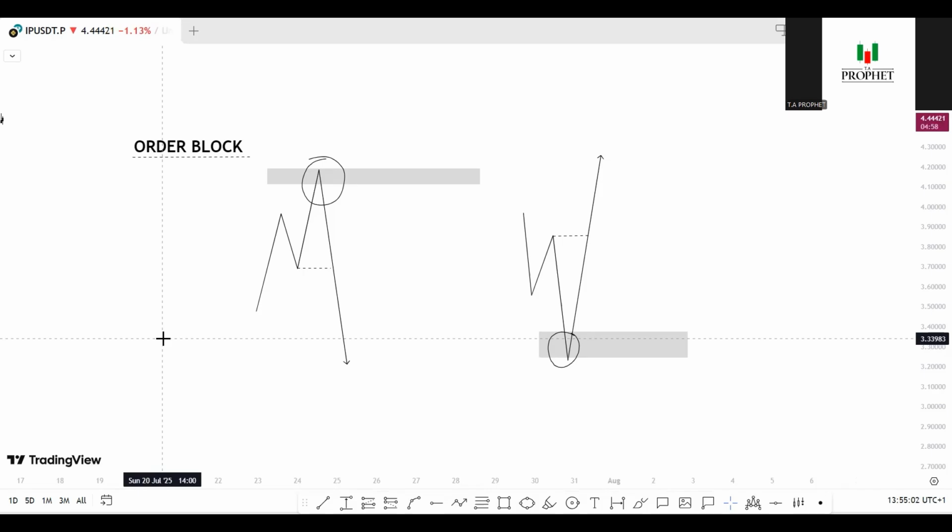Then we talked about some liquidities, like transactional liquidity and structural liquidity. After that, we talked about POI. You can recall.